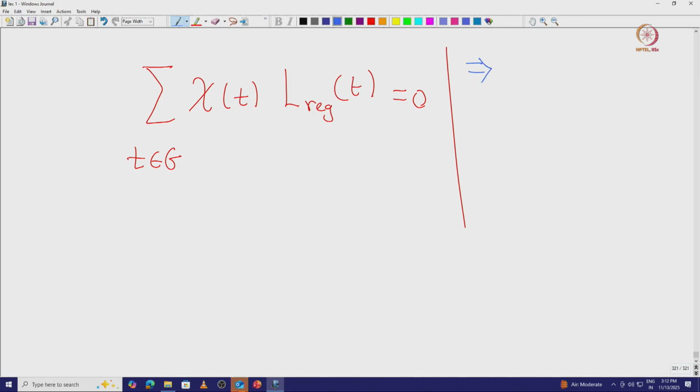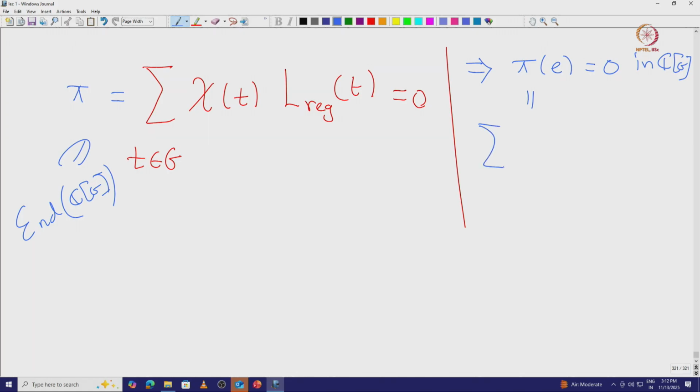If we have this summation chi t L regular of t equal to 0, let us call this an operator pi, an element in the endomorphism of C G. We can apply it on the identity element E and again get 0 inside C G. If you compute pi of E, you can see that this is exactly the summation of chi of t L regular of t applied on E, t in G. But this is nothing but L t applied on E, which is just t, because we are multiplying by t on the left.